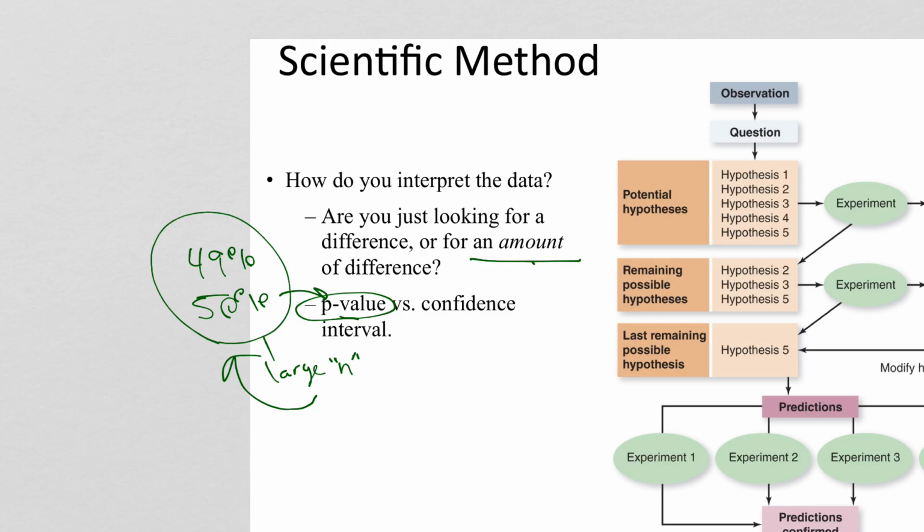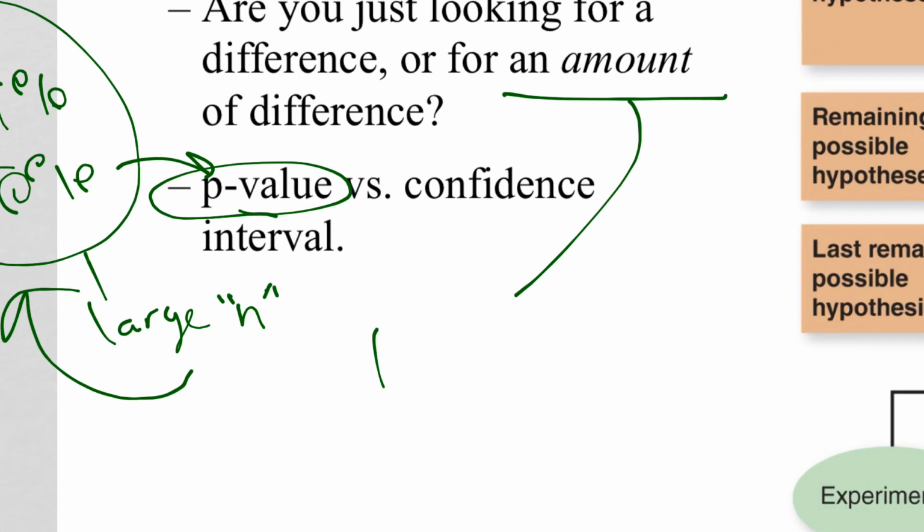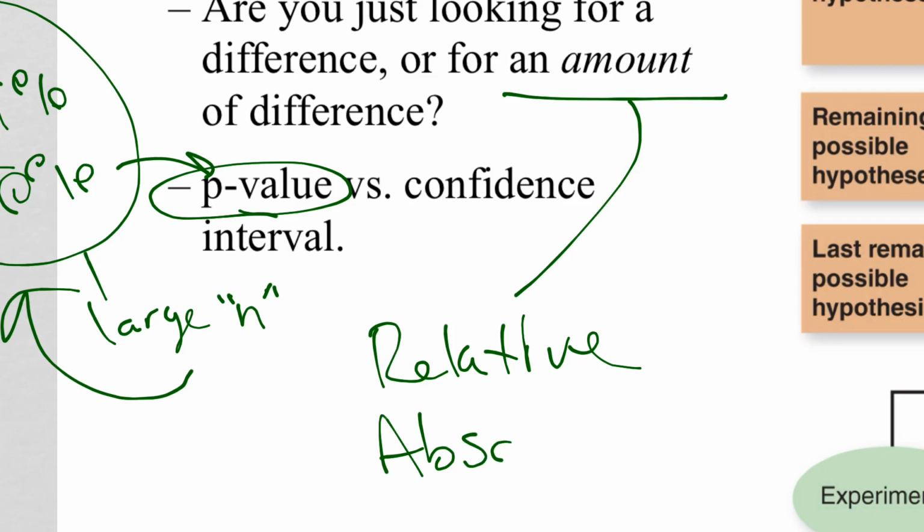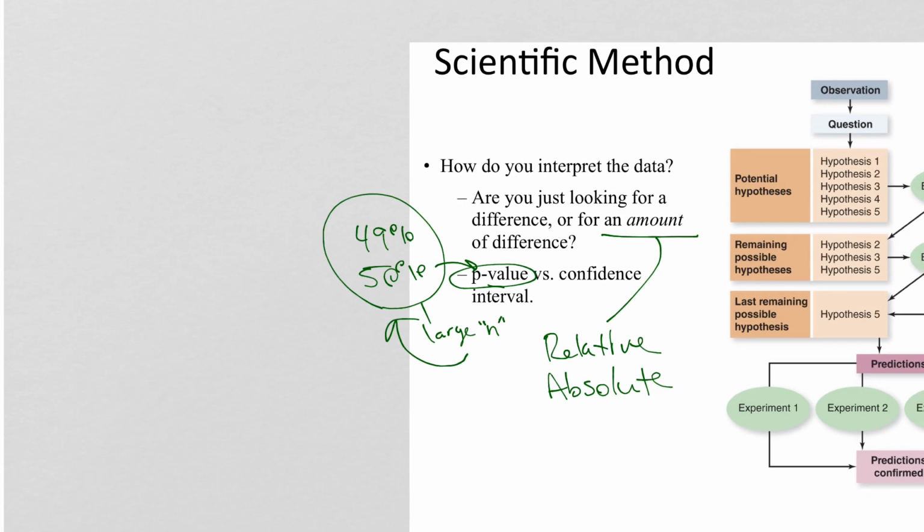For amount of difference, you can measure it two different ways. One way is relative risk or relative effect, and the other is absolute.